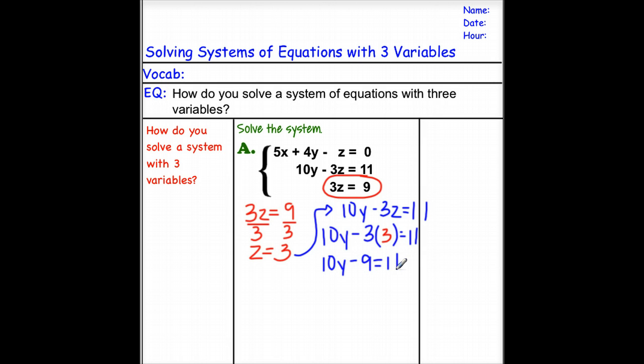Add 9 to both sides to get 10y equal to 20. Divide both sides by 10 to get y equals 2.